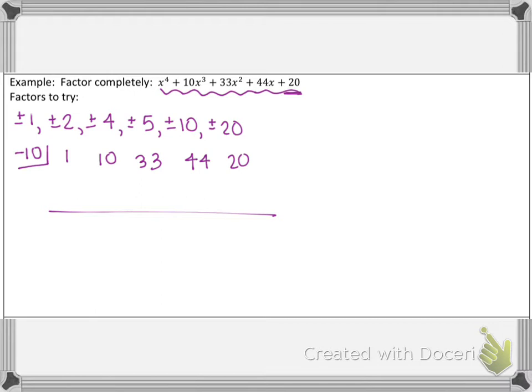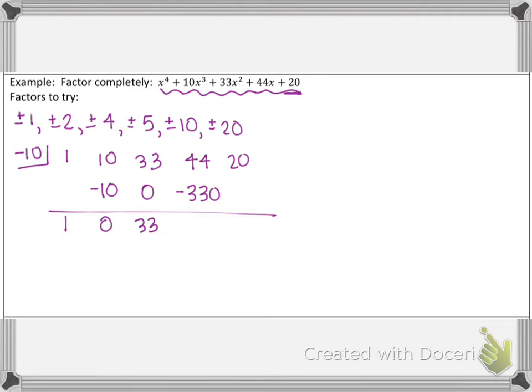Okay, let's bring that 1 straight down and multiply. Adding here, we get 0. 0 times negative 10 is 0. Adding, we get 33. Multiplying by negative 10, we get negative 330. Let's see, subtracting.